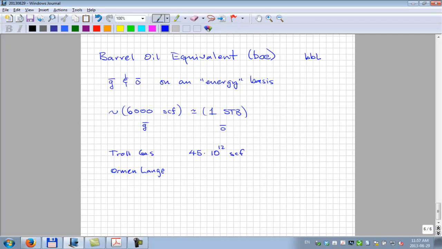They call this TCF. Trillion is 10 to the 12th. Not an SI unit, but in field units. And Ormen Lange is about 10 TCF.